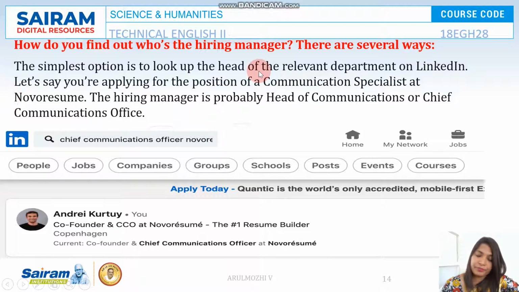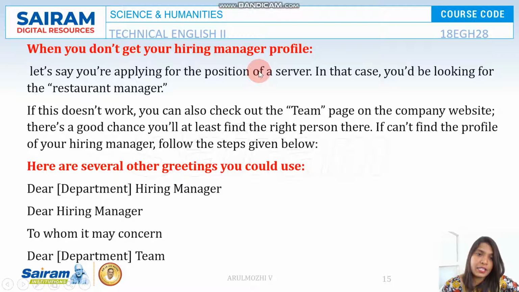And if you don't find the hiring manager's name, you do not need to worry. Then you can say, dear particular department's hiring manager. Take for example, if it is math, dear math department hiring manager, or if it is a particular company like Hudson, dear Hudson hiring manager.